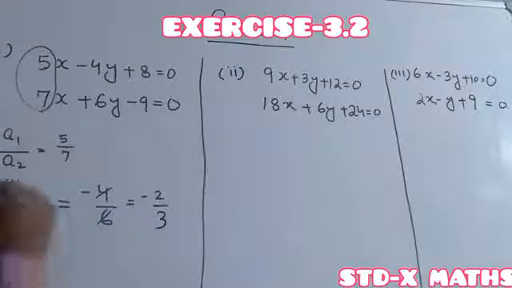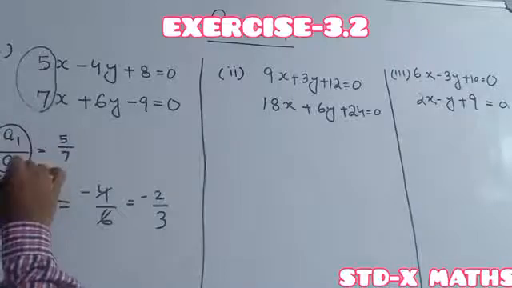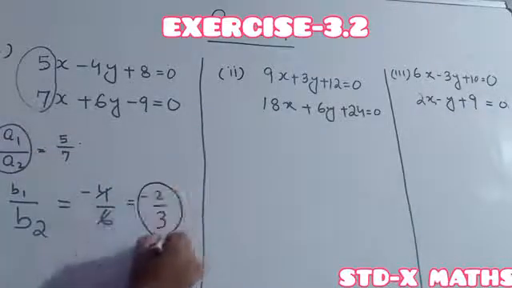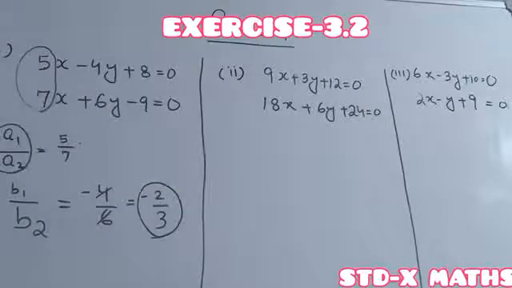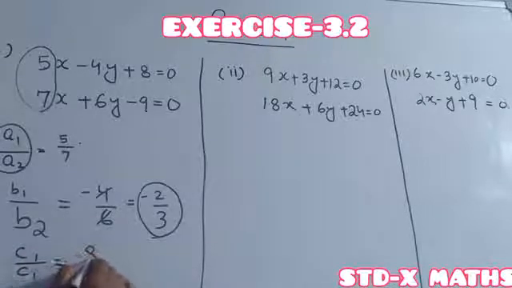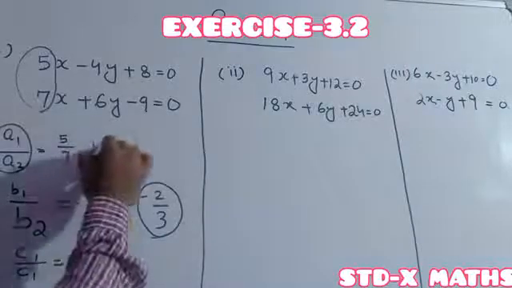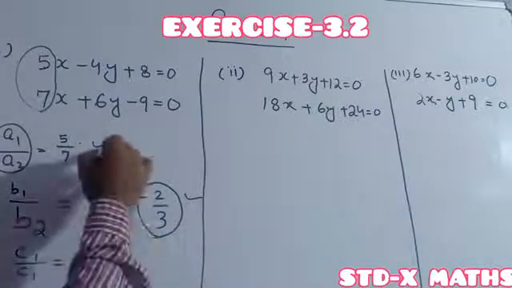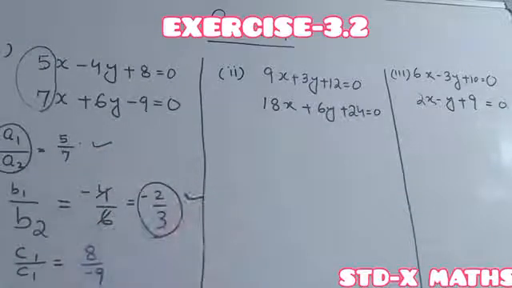Here a1 by a2 is 5 by 7 and b1 by b2 is minus 2 by 3. There is no need to check c1 by c2, but if you are interested, it is 8 by minus 9. From the comparison of a1 by a2 and b1 by b2, it is clearly seen that these two ratios are not the same.